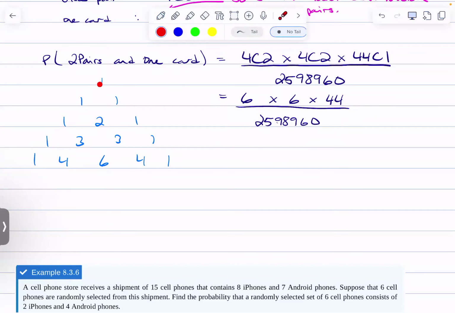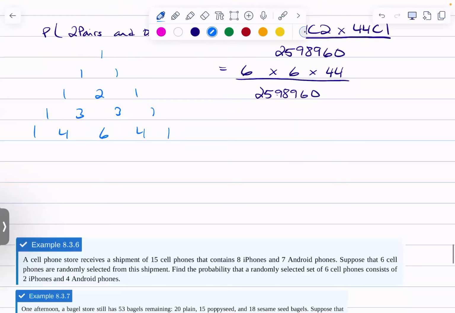But what this does is 1, 2, 3, 4. Choose 1, no, 1, 2. I don't remember how it goes. 4 choose 2. We're supposed to get to 6. I think it's here. 1, 5, 10, 10.